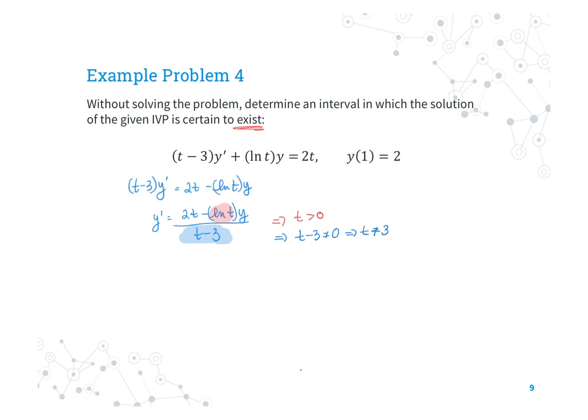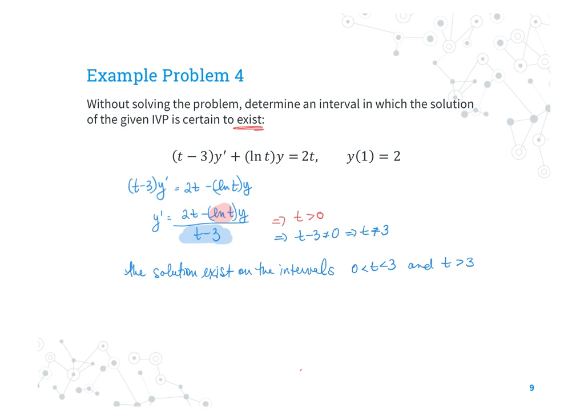So what we say is that the solutions of the given ODE exist on the intervals where t is greater than 0 and less than 3, so 0 is less than t is less than 3, and t is greater than 3.